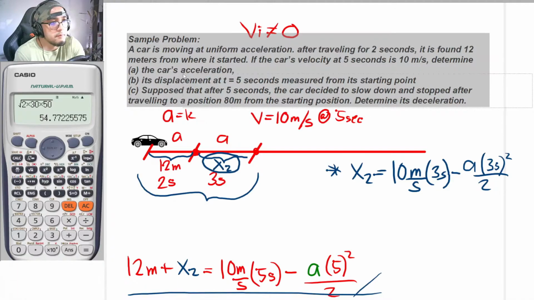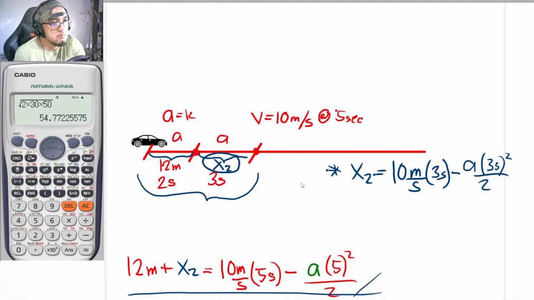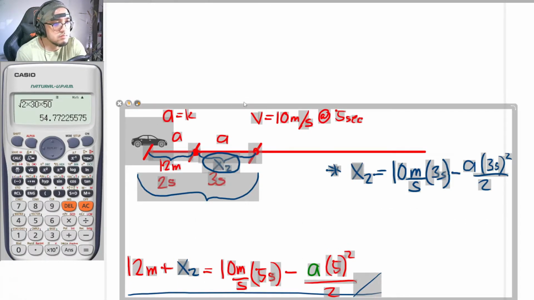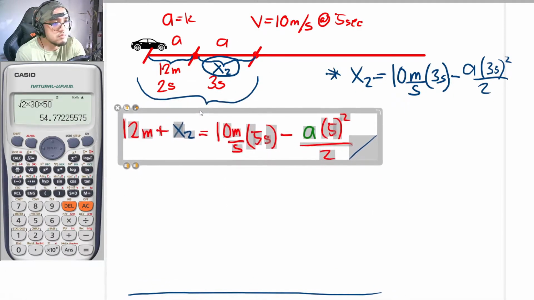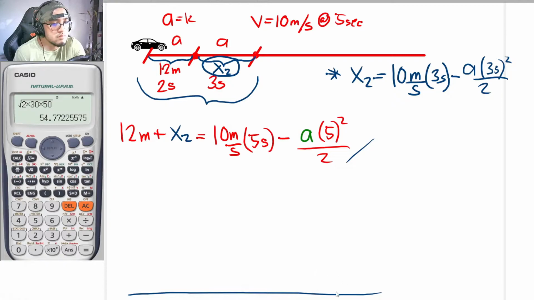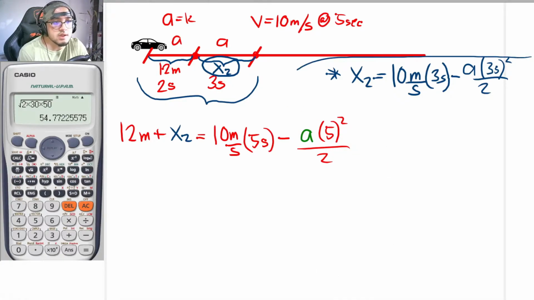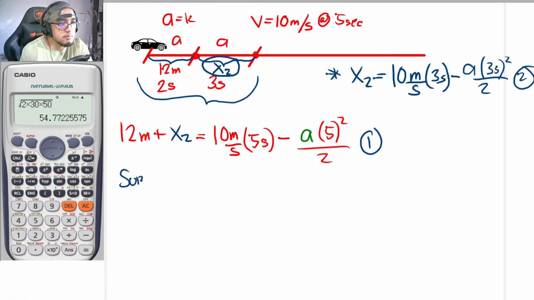Oops, sorry. Okay, so substituting this value to this equation, so let's say that this is, of course, your equation 1 and equation 2. So substitute equation 2 in equation 1.